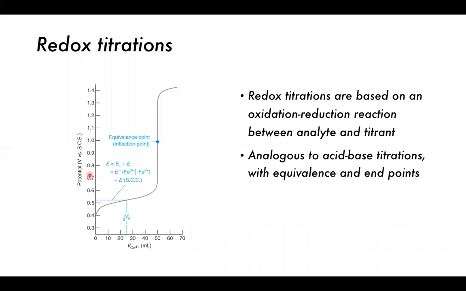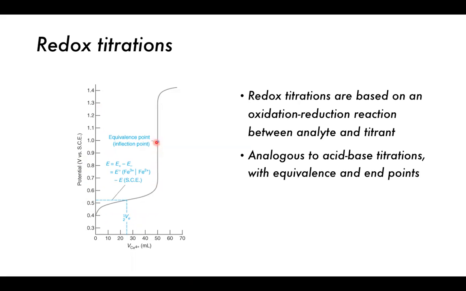Instead of a change in pH, we have a change in potential. This is the voltage, the potential, which is measured at the working electrode versus the standard calomel electrode in this case. Of course, though, you could use any kind of reference electrode that you desire.